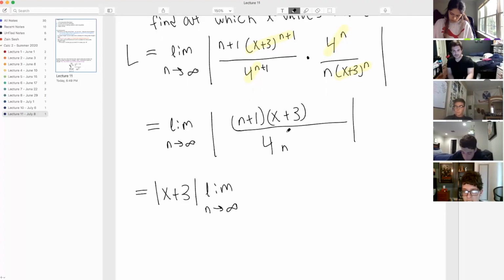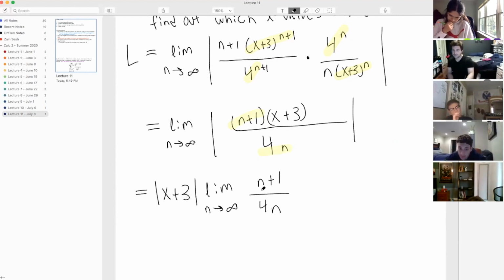So yes, there should be parentheses around it, and it comes out as an absolute value. Now what's remaining inside the absolute values, n plus 1 over 4n, is always positive, so I need not put the absolute values. Absolute values can just go away now.